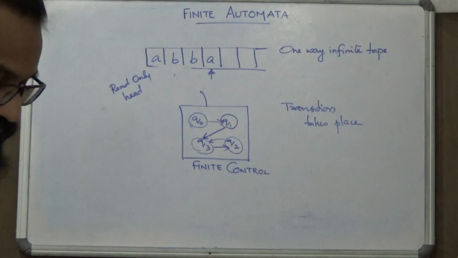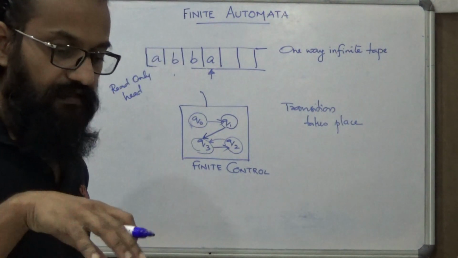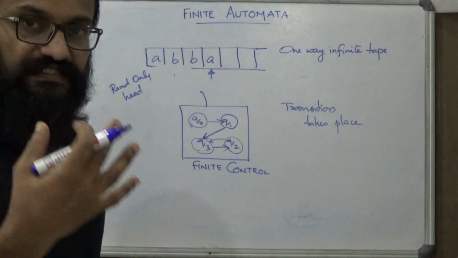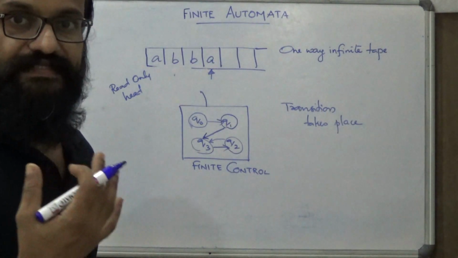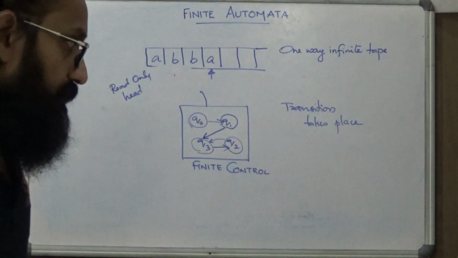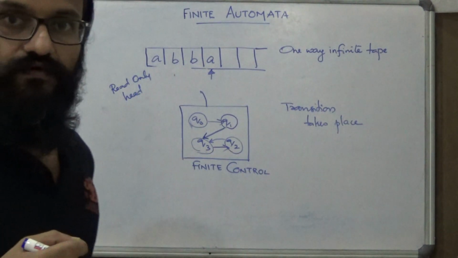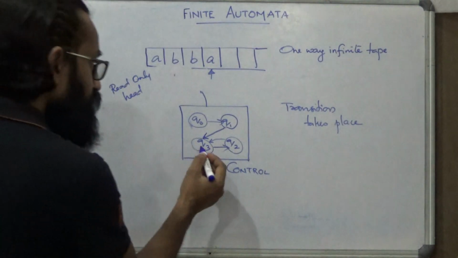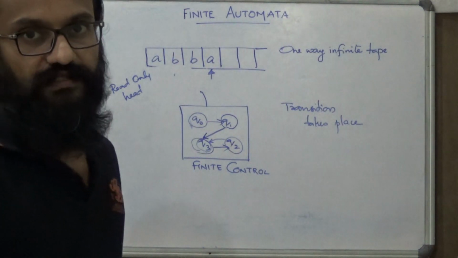And after a sequence of transitions, whenever the string expires or whenever this model completes reading the entire string, if the state turns out to be one among the final states, so if Q3 is a final state, then the string is said to be accepted.